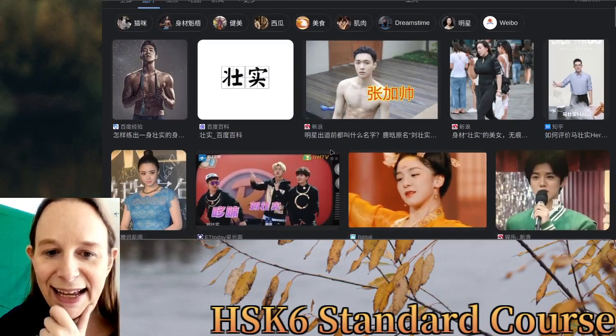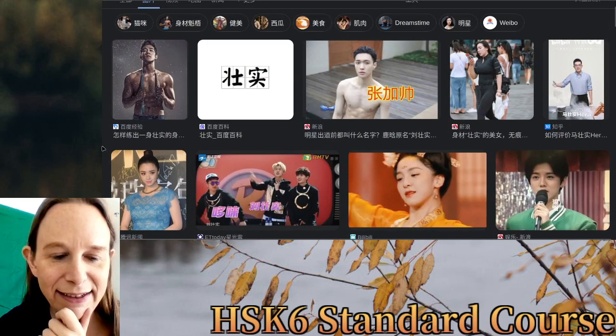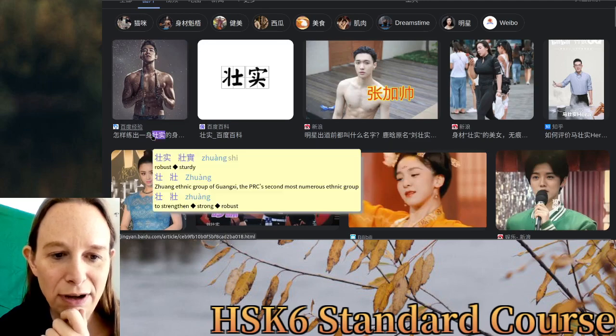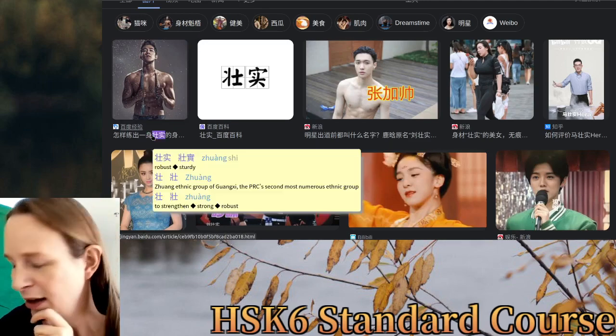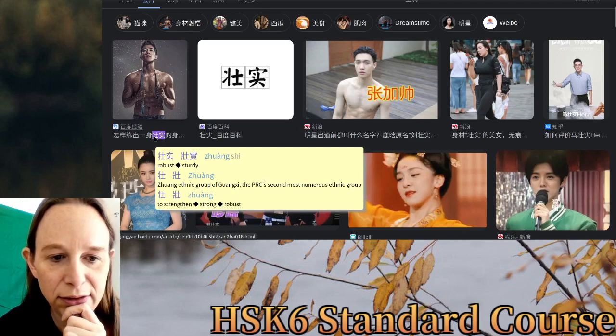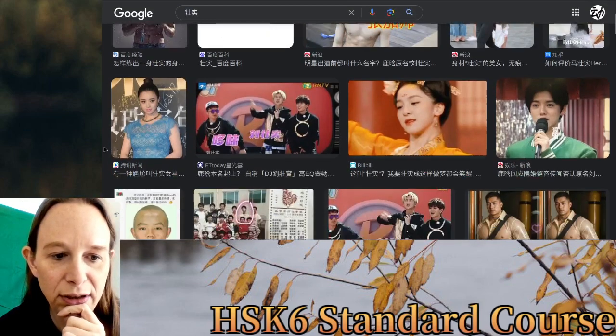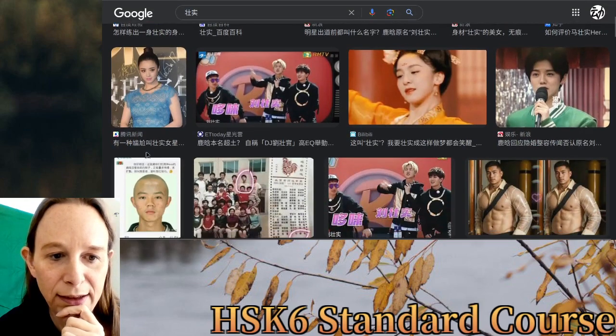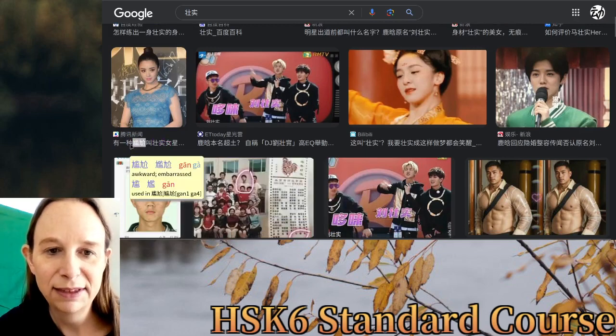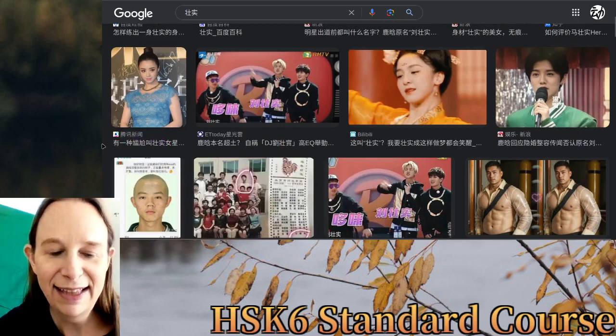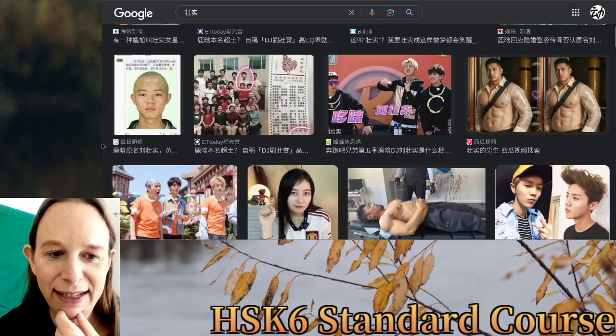All right, so this is like stout or something in English. 壮实, 壮实. Oh, this 实 is 轻声. 壮实. 壮实女性. So this is like solidly built or something like that.